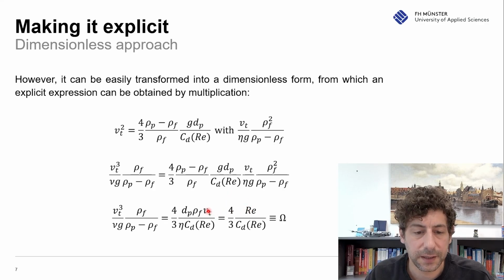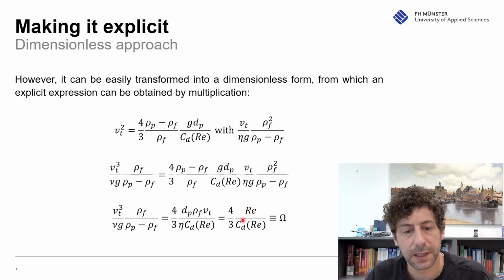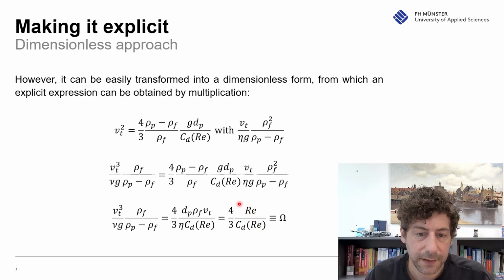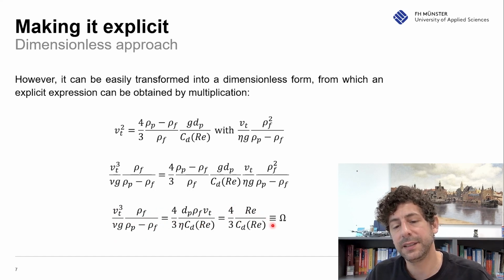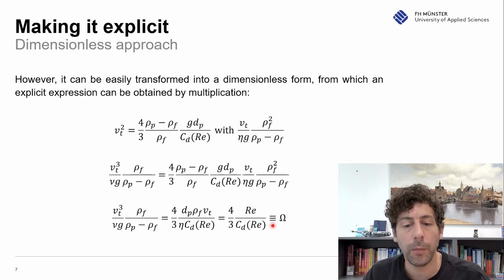So what that means is that when we cancel out, the leftover is 4 divided by 3, Reynolds number divided by CD as a function of Reynolds number. And the expression here or the expression here, both are equal, right? So this equals this equals this. And this is defined as the omega number.